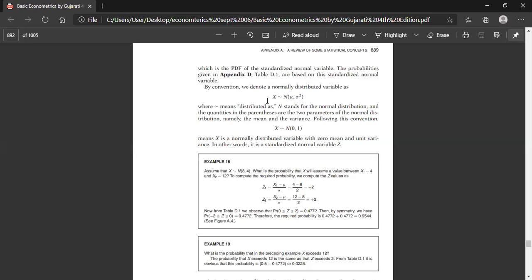When you see X and a curly thing here, and N for normality, the first one is the mean, the second one is the variance. So how do we read this? X is normally distributed with mean mu and variance sigma square. It's just telling you that X is a normal variable with mean mu and variance sigma square.